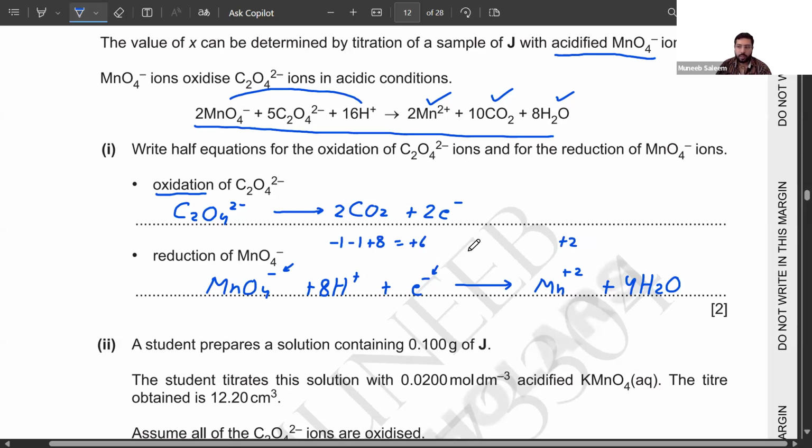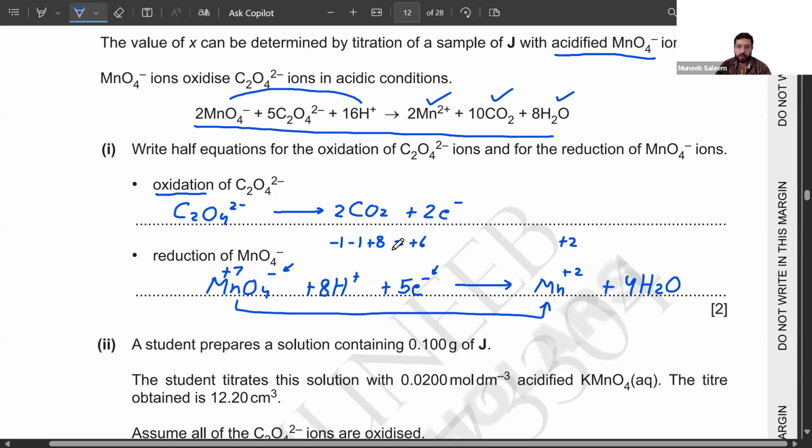To make it balanced, I will not change the value of hydrogen ions; I will simply add electrons here, because we already know that the Mn state changed from plus 7 to plus 2, which means a reduction in the oxidation state by a value of 5.